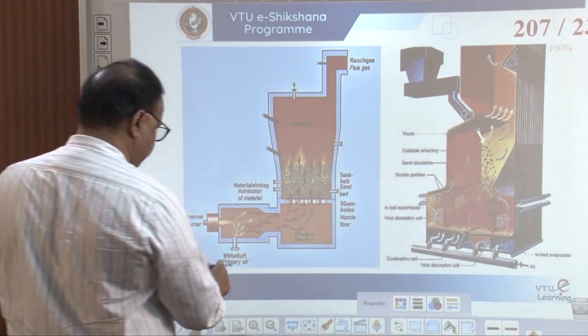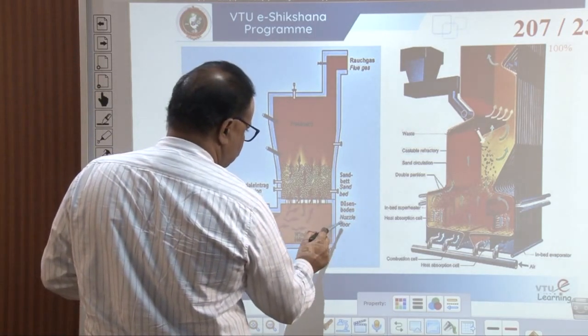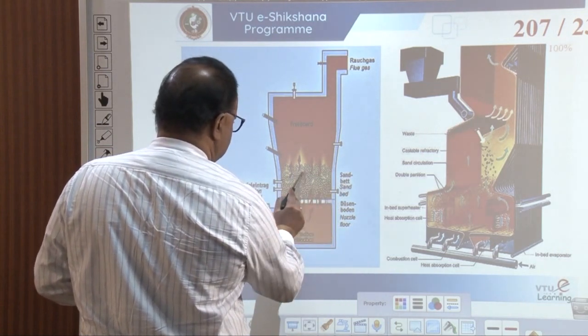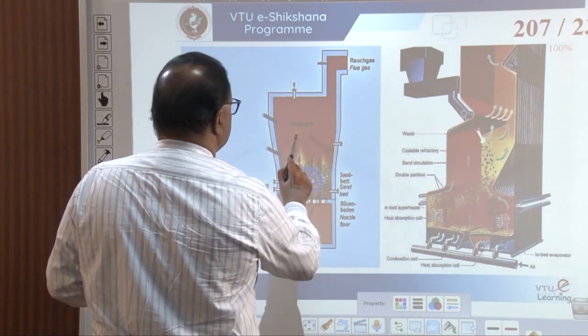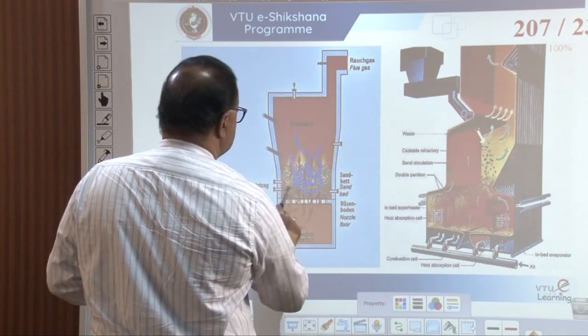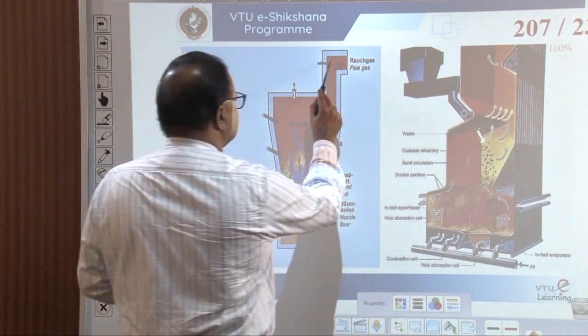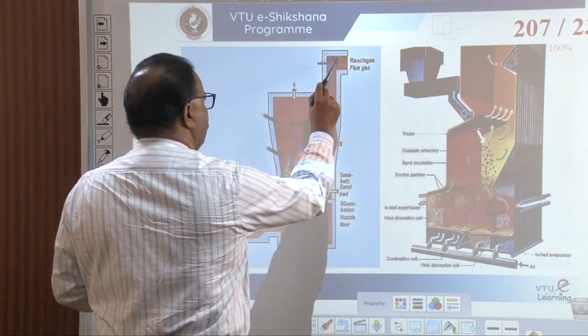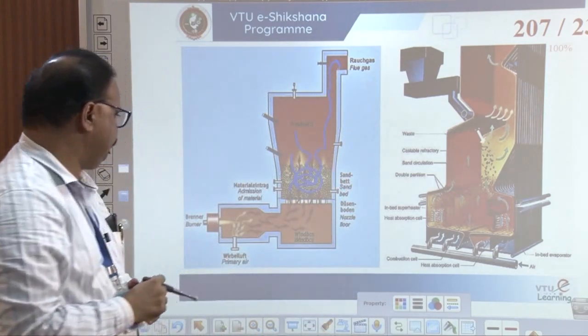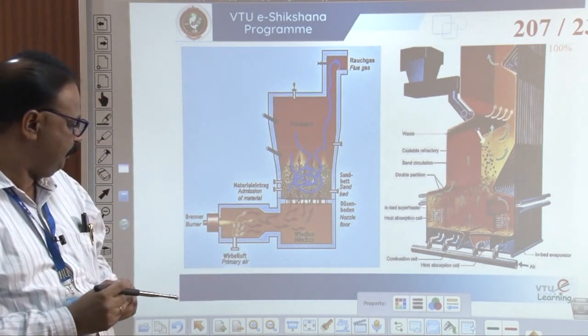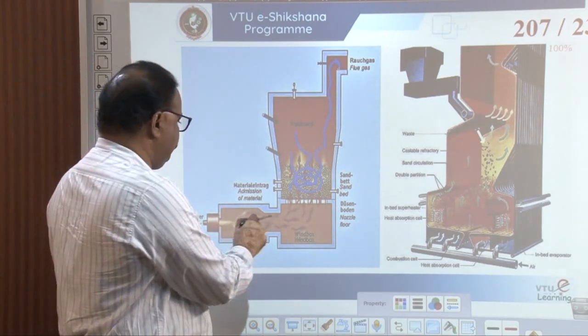This is the primary air, the burden, the nozzle floor, the sand bed. Here is the waste, and the burning of the waste happens here. This is the fuel gas, which moves up, and here is the burning and admission of the material, the primary air, and this is the burner.